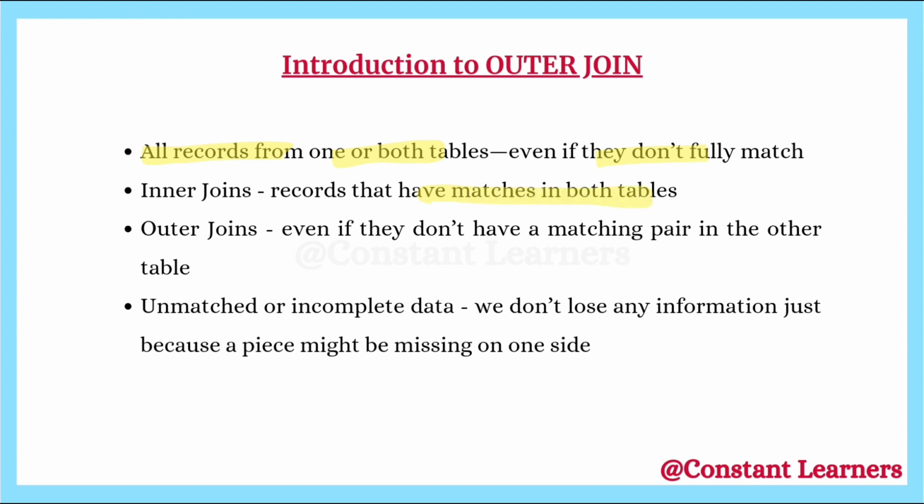Outer joins bring in records even if they don't have a matching pair in the other table. This is crucial when you want to capture unmatched or incomplete data. Why? Because it means we don't lose any information just because a piece might be missing on one side.